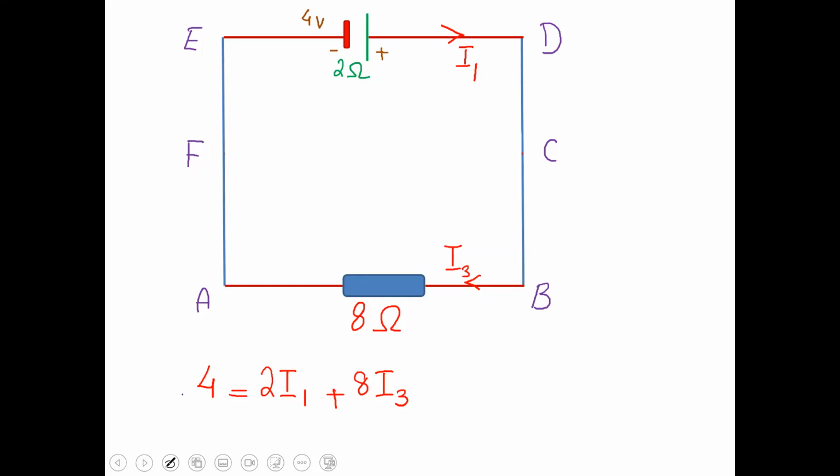So please compare the equation. We made the first loop equation.